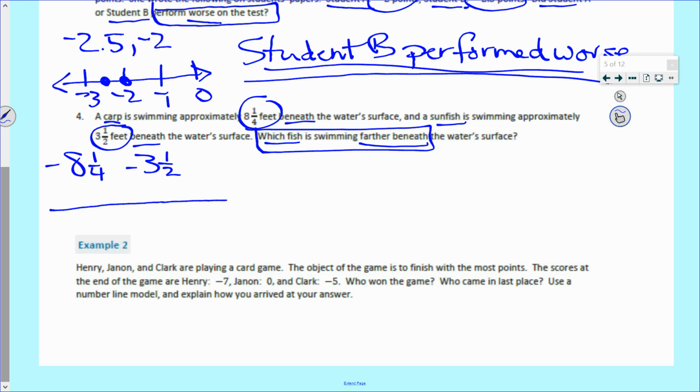Again, we can do our number line. We have to because it was in our directions. So if we did -8, 7, 6, 5, 4, 3, 2, -3½ is going to be right here. -8¼ is actually going to be all the way over here. So even there, we can see which fish is further below that carp.